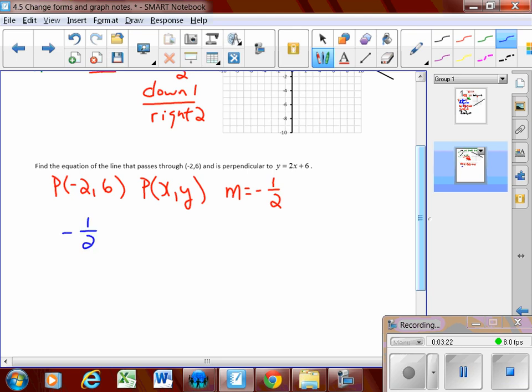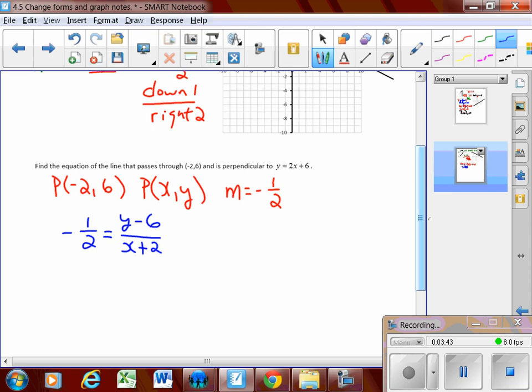So I just start off with negative 1/2 being my slope, and that's equal to the rise, which is my y minus 6 value, over my run. And again, if I go x minus negative 2, I need to remember that whenever I subtract a negative, I'm really just going to be adding.